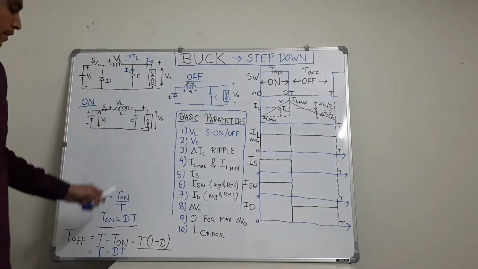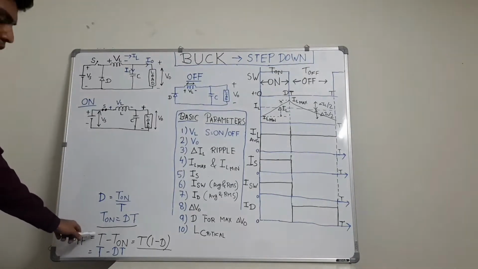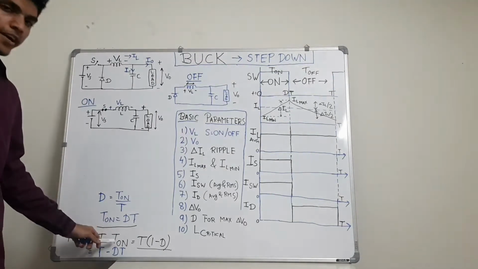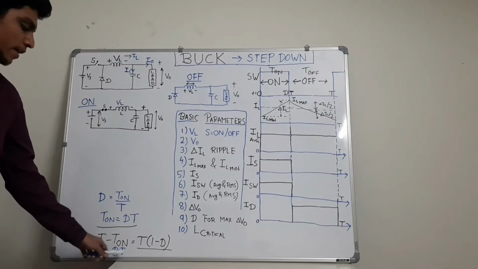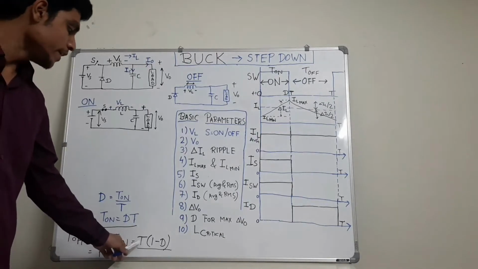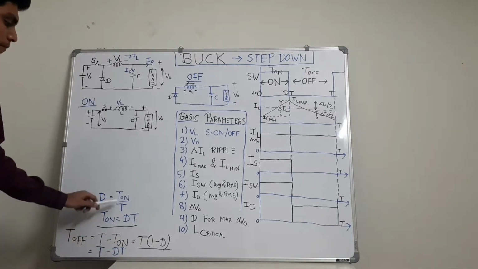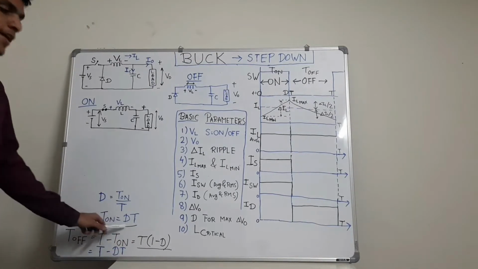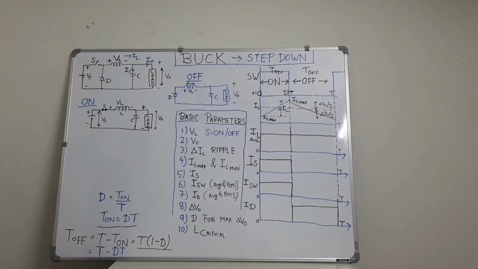So the off time of the switch will be given by T, the total time, minus the on time, equals T minus DT. So the total off time is equal to T into (1 minus D), and the on time is equal to DT. Please remember it as it's a very important basic concept of DC to DC converters.